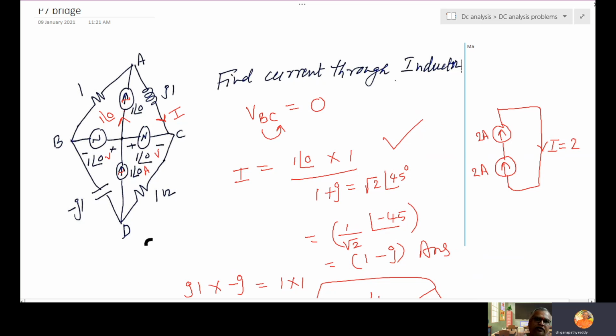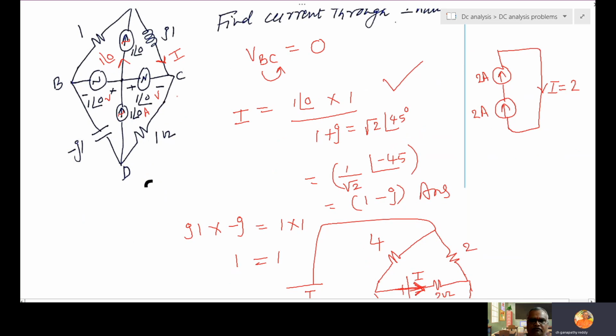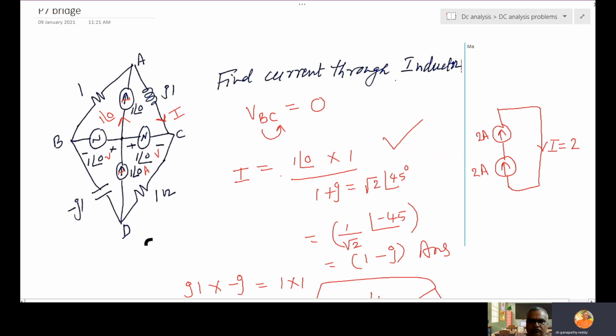So short circuit, and this current is dividing between 1 and j. Don't think that, sir, you told us we use current division only with a single source. More than one source is there, how come you are using current division? I am using current division because VBC is 0. So the circuit is like B and C shorted, imagine a single current source 1 angle 0 dividing between 1 and j1.